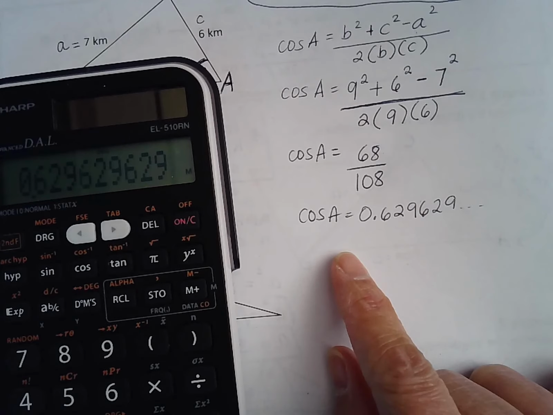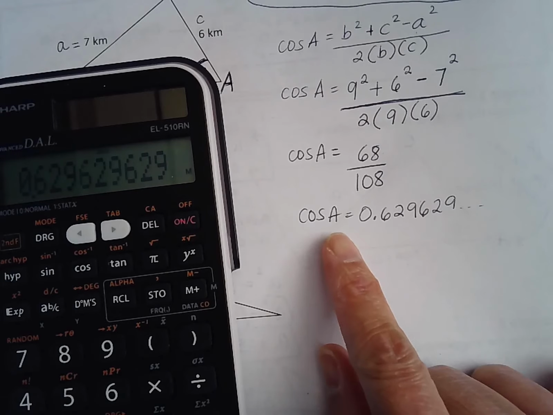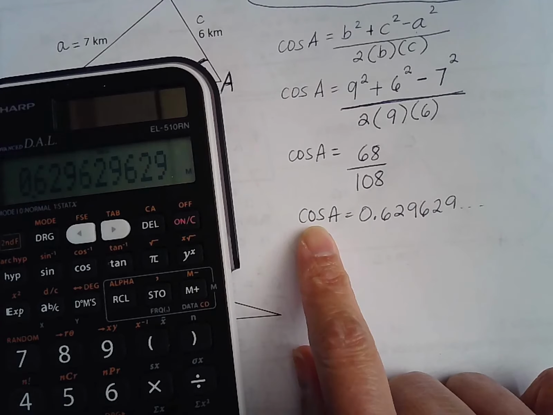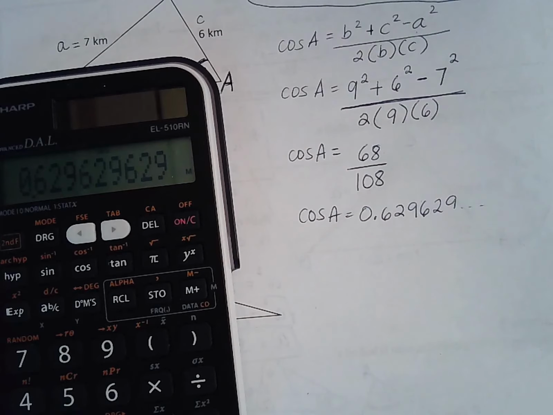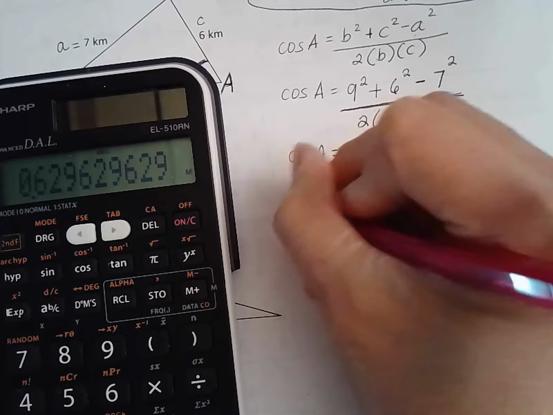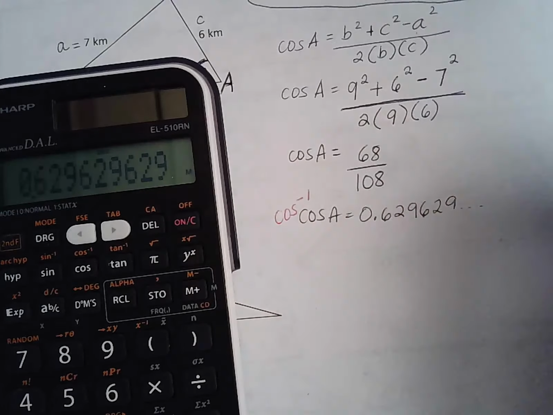Square root, okay. Let's see. Remember, we have to get the A alone, so we have to get rid of cos. So how do we get rid of cos? To get rid of the cos, we gotta do the cos inverse.